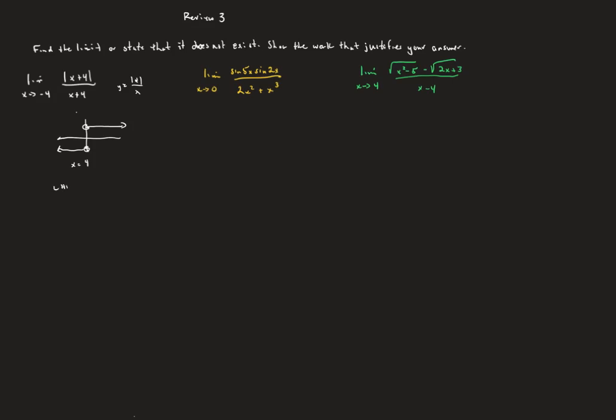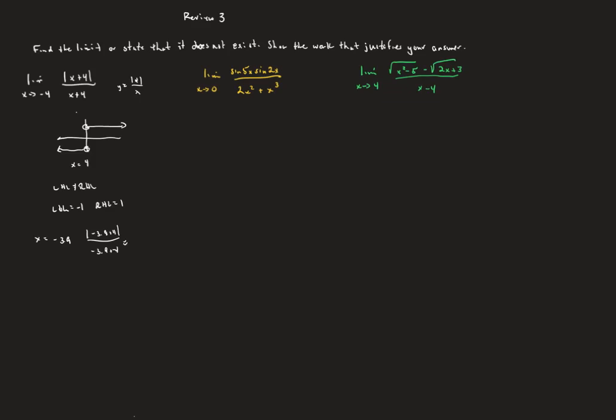And we would have left-hand limit different than right-hand limit, or you could say the left-hand limit is going to be -1 and the right-hand limit is going to be +1. You could also plug in very small numbers. So if you said x was, say, -3.9, that would be a number just to the right of -4, and you would get the absolute value of -3.9 plus 4 over -3.9 plus 4.